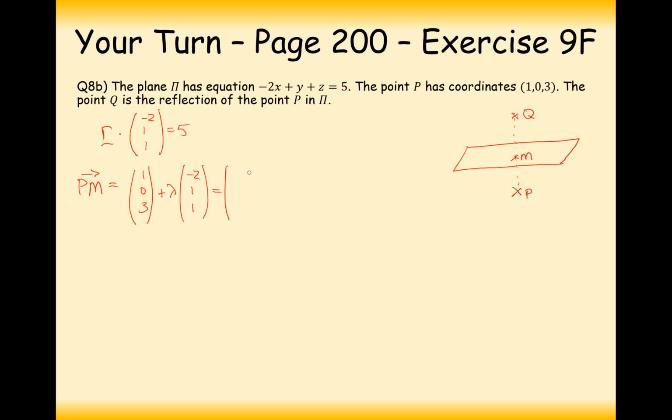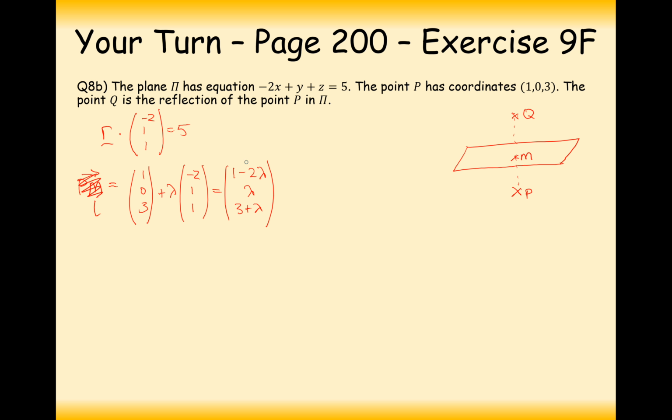Now we can combine this into one vector, so it's (1 - 2 lambda, lambda, 3 + lambda). And for a certain value of lambda, it's going to intersect at M, and for double that value of lambda, it's going to go through and meet at Q. What we want to find out first is the lambda value for M, at which it intersects the plane.